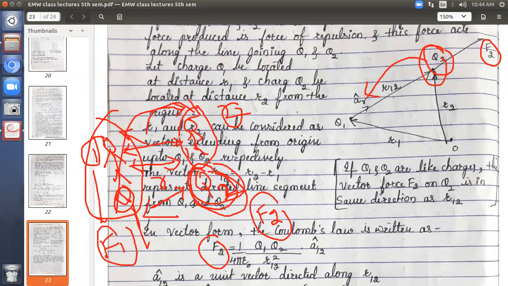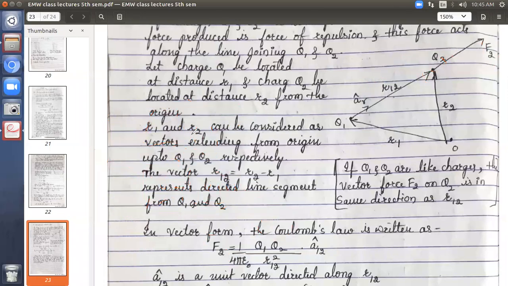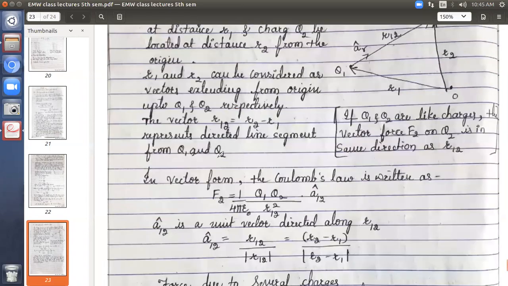Try to imagine two people, say Soumya and Akshita. So that is about F1 and F2. Taking one figure, I'll show you what is F1 and F2.